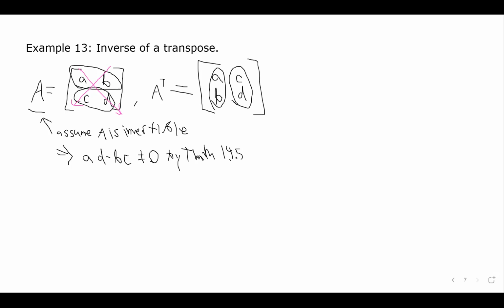Okay, but now notice the determinant. What is the determinant of A transpose? The determinant of A transpose is equal to, you just look at it right here. It's AD minus CB.